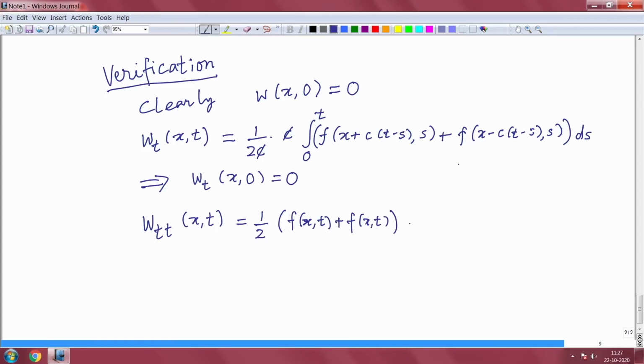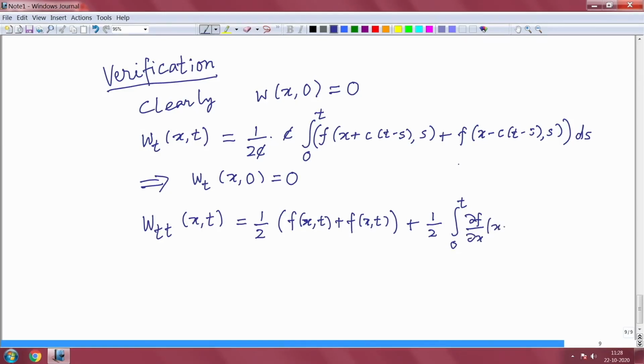And another term, now I differentiate the integrand. So that is 0 to t, because t is also sitting there. So, del f by del x, the arguments are different, so you have to pay attention to that.